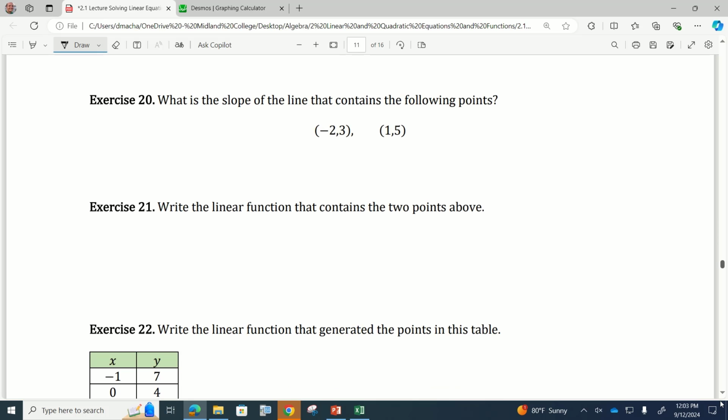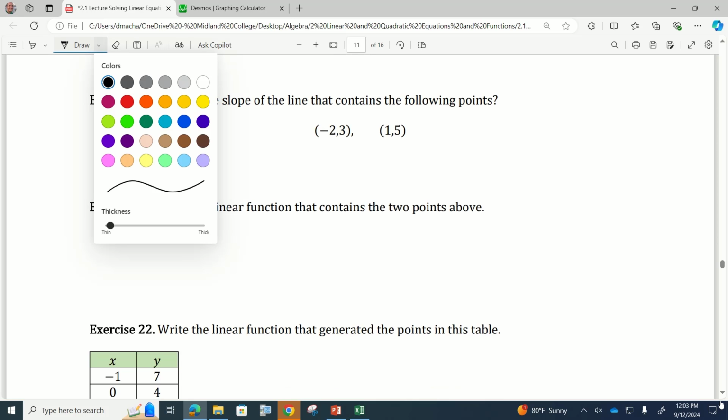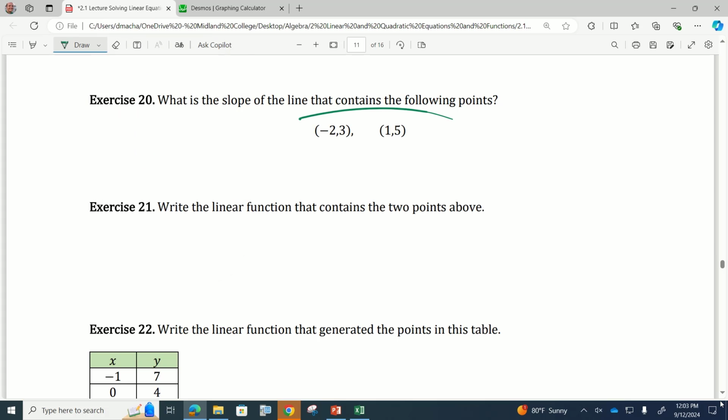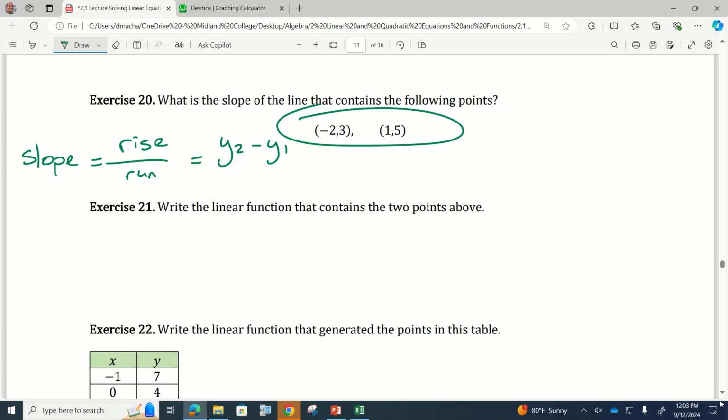All right, what is the slope of the line that contains these 2 points? So, slope is rise over run. What we mean when we say rise is we've got some point over here that I'm going to call point number 2.